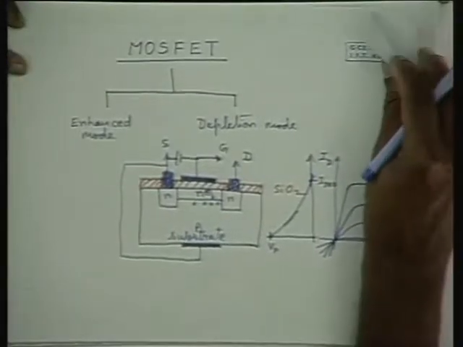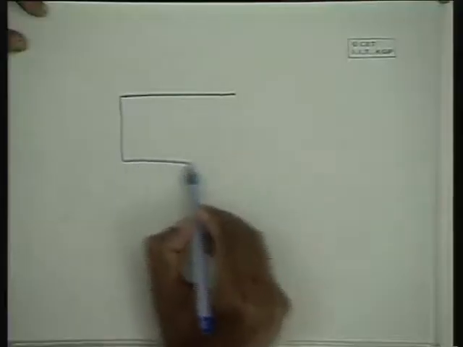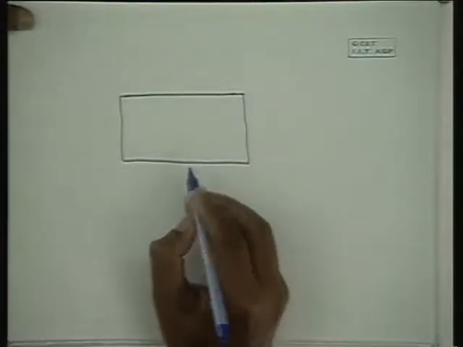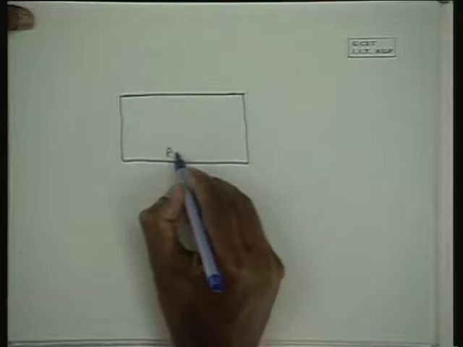Now let me discuss the construction of an enhancement mode MOSFET. An enhancement mode MOSFET also uses a substrate, say an N-channel MOSFET uses a P-type substrate.